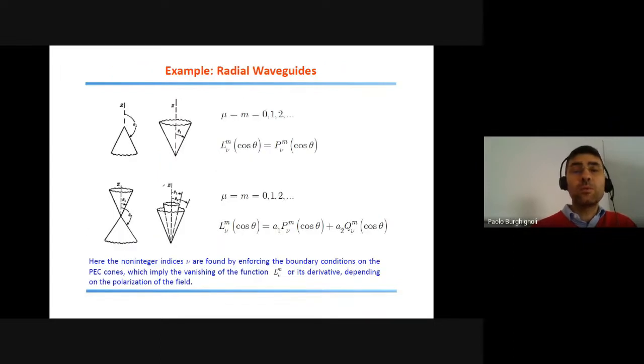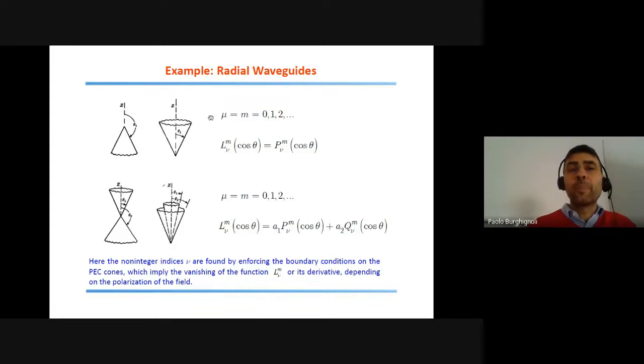Just to illustrate some kind of configurations in which you would use spherical coordinates, for example, if you study conical regions, or better, regions bounded by cones, then in this case, the angular range for the spherical coordinate theta is limited between 0 and some upper value, theta 1, so it's not the entire range.